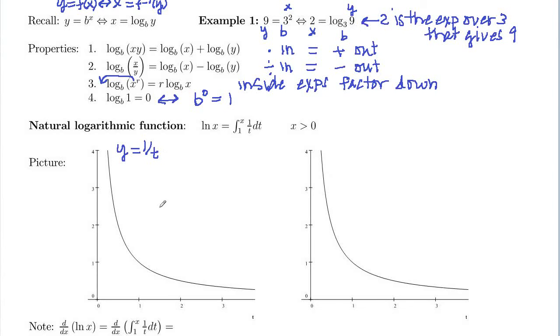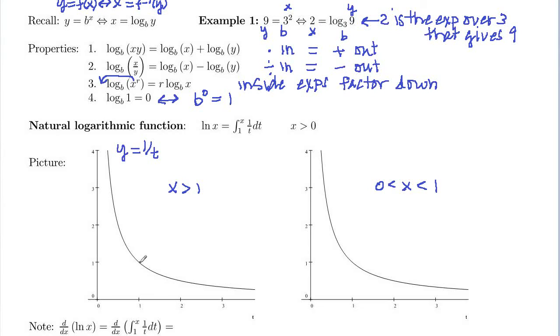This case here is going to be if x is greater than 1, and over here if x is less than 1. Now x is always greater than 0, so really 0 less than x less than 1. So the natural log of x is going to be the area underneath 1 over t from 1 to x.